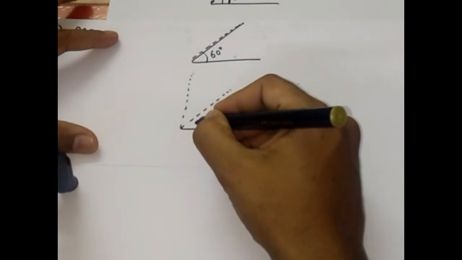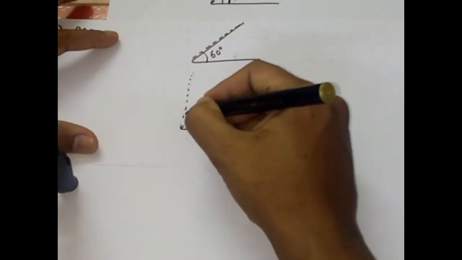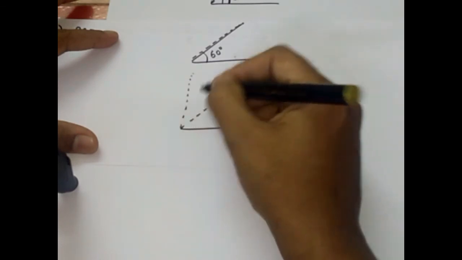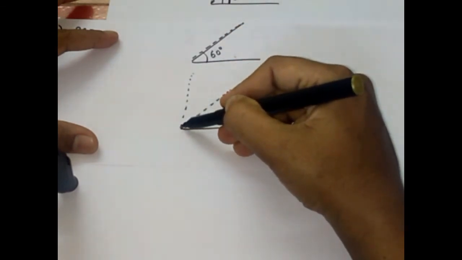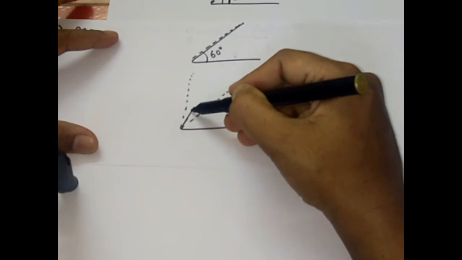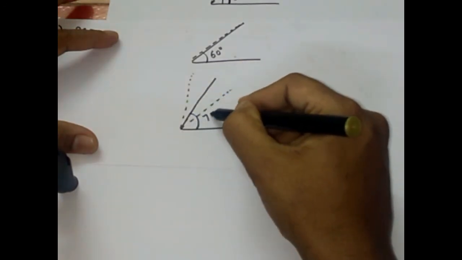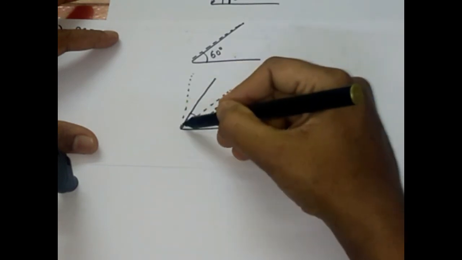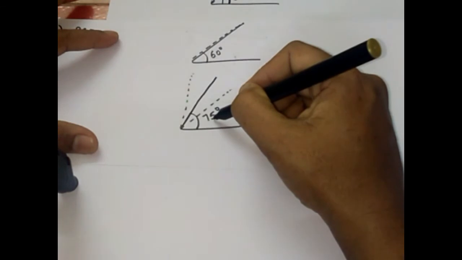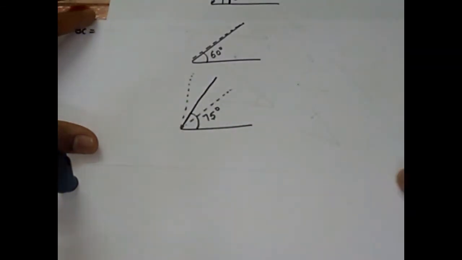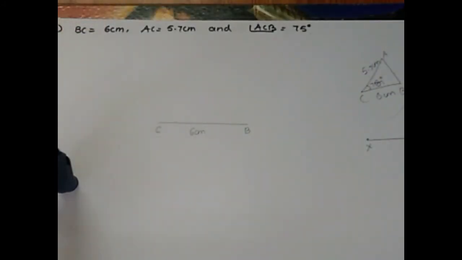Now 60 is here, 90 is the complete angle. The difference between 60 and 90, this part, I am going to bisect and draw a line so that the measure of this angle is 75 degrees. The angle which I have drawn as a straight line is my angle 75. The dotted lines are just marks to construct 75 degrees.